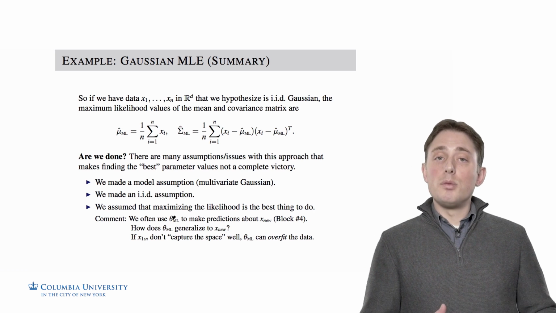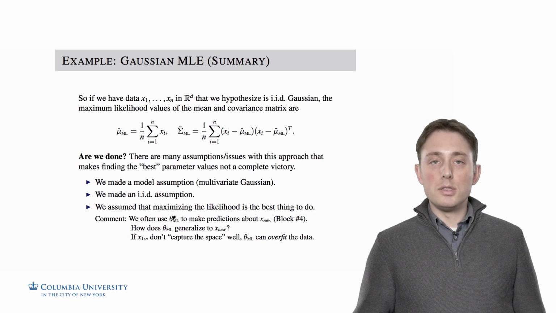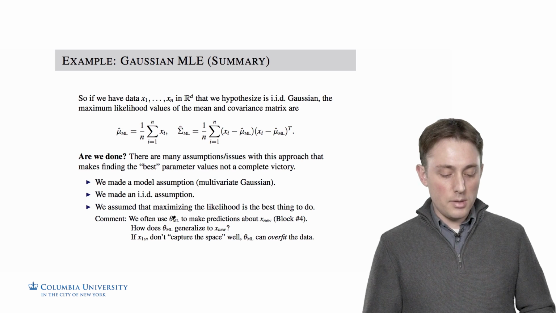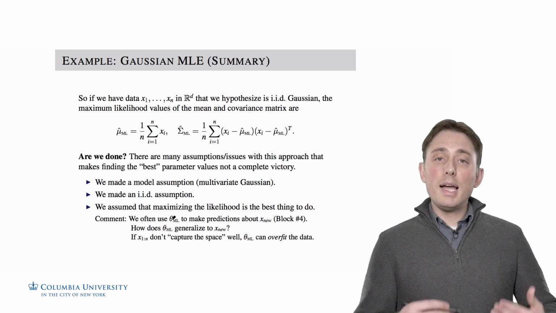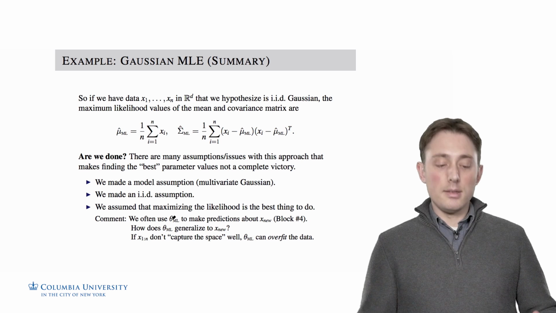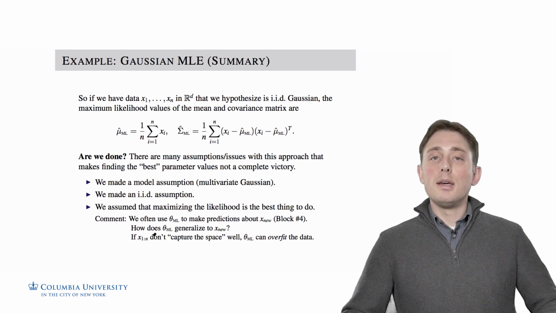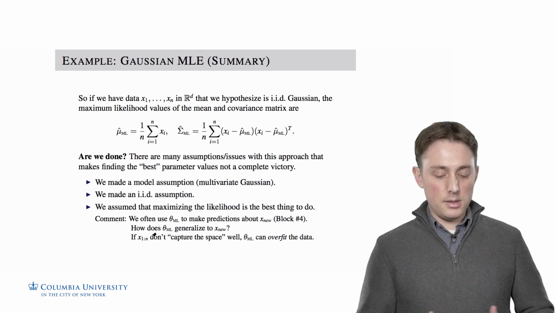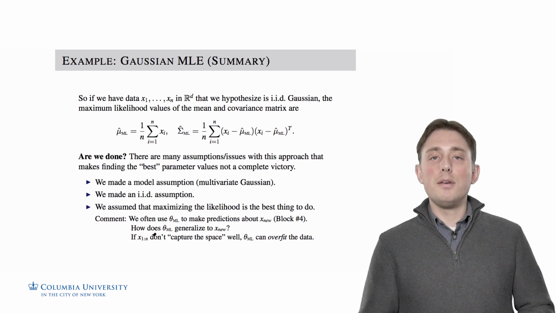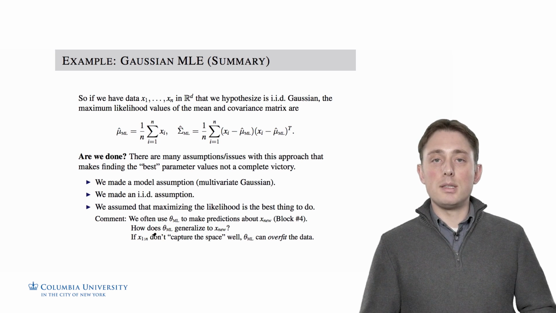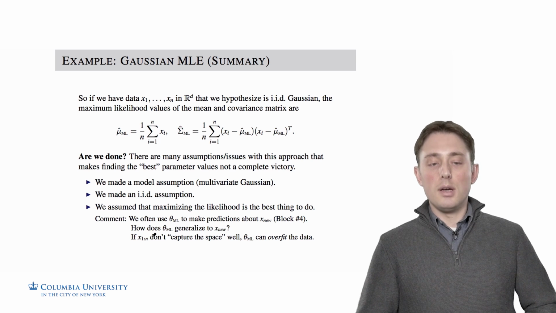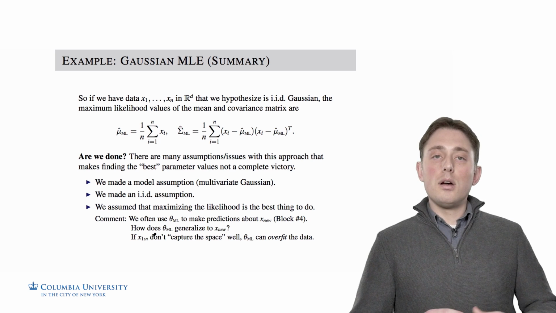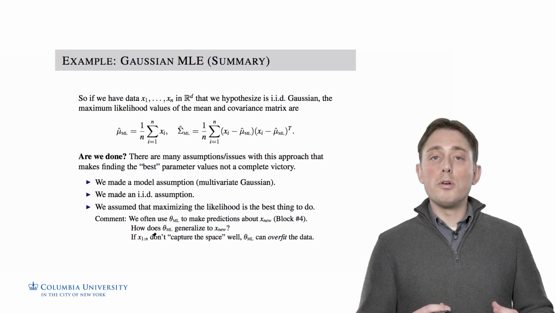So how does the maximum likelihood generalize to this new data point? And so we'll discuss a little bit in future lectures about this. However, at a high level, if the data that we're modeling, x1 through xn, doesn't somehow represent our space or capture our space well, if it doesn't cover everything that we can expect to see, if there are huge gaps that are missing in our data, then the maximum likelihood solution can overfit.